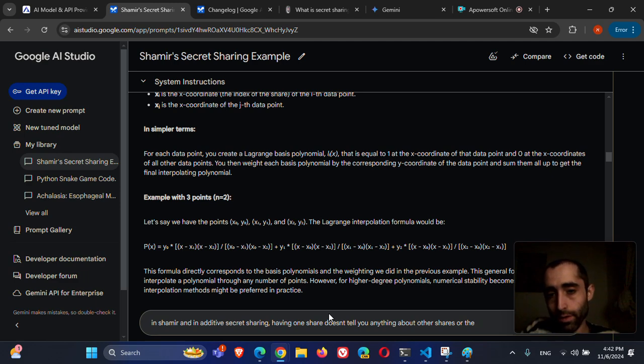But of course, if there is only one share, there is no sharing. So let's consider that we need more than one share. For example, in Shamir, it's not a one-point polynomial, and in additive, it's not that we shared it into only one value. Okay. So having one share doesn't tell you anything about other shares or the secret, right?